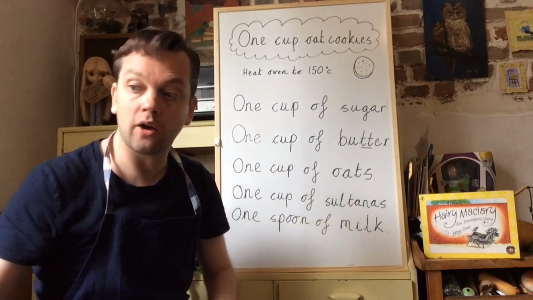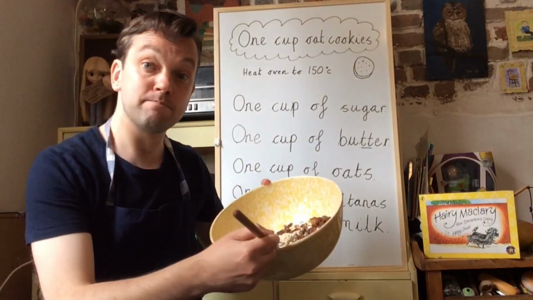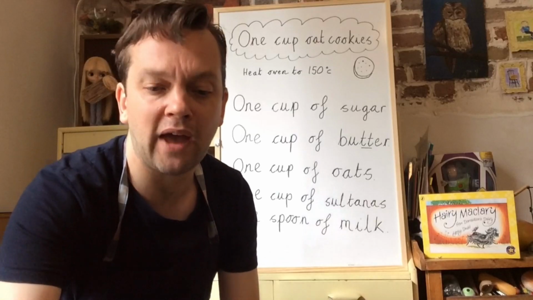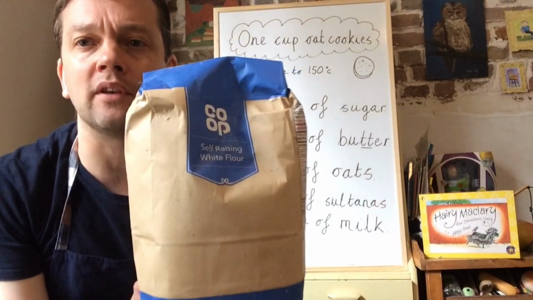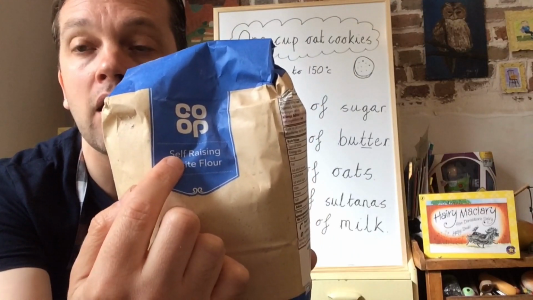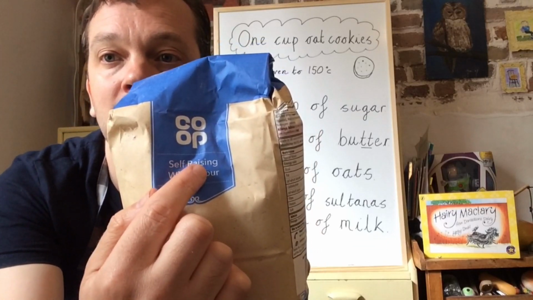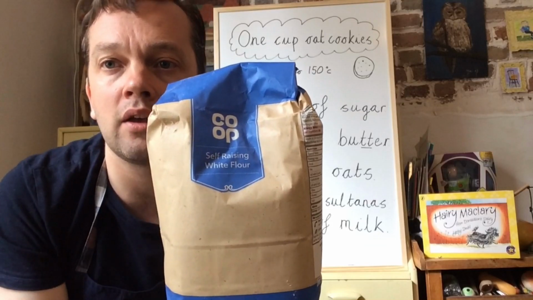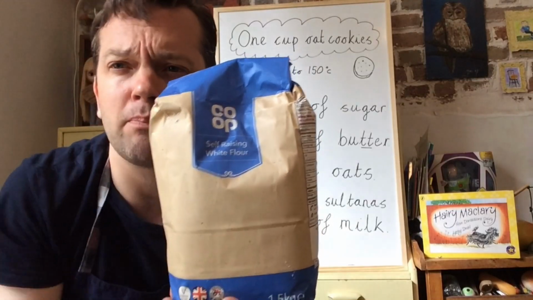Now there's one last thing that goes in our cookie mixture, okay, before we stir it all up, and that is some self-raising flour. Self-raising flour, look. Self-raising white flour.